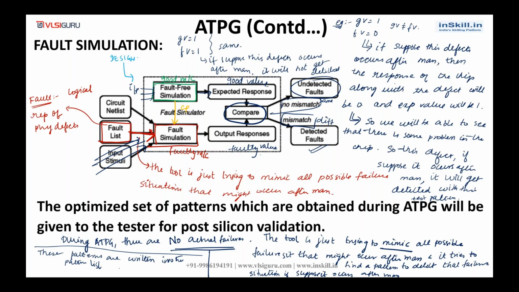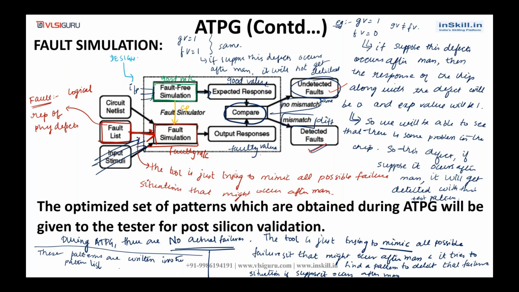Coverage analysis: after doing fault simulation, the tool will classify the faults into various classes, like detected class, not detected class, and so on. Detected class implies that if any of the faults in this class occurs after manufacturing, it will get detected with a generated test pattern. That is detected faults.